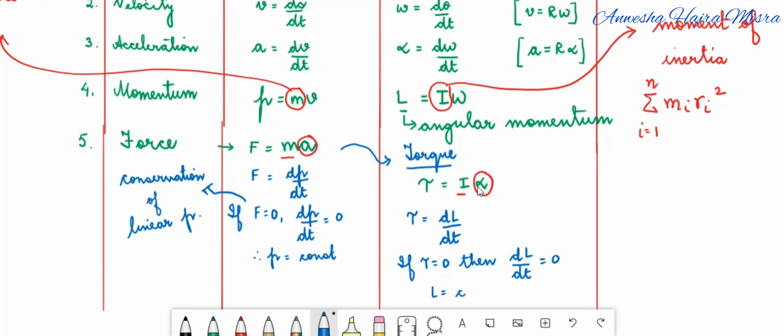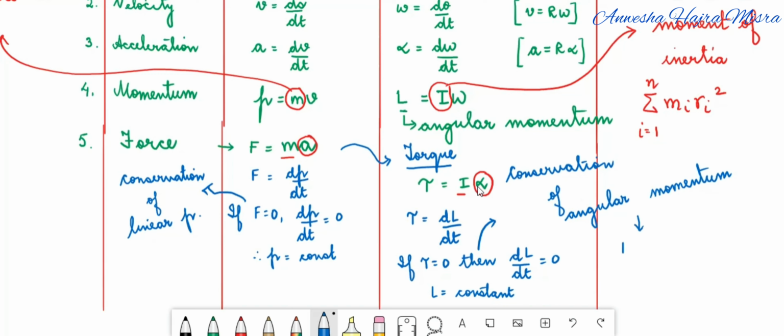Angular momentum is constant. This is called conservation of angular momentum, which tells us that product of I and omega should remain constant if there is no torque.